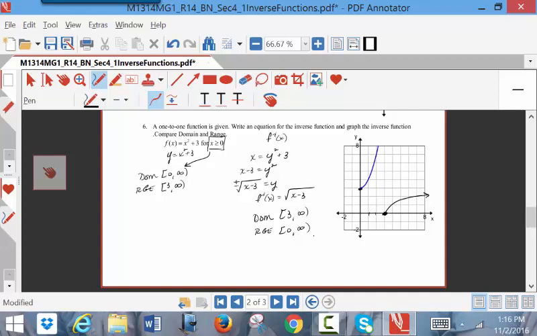Now here's a neat connection. To find the equation, we flip the x and y. And that causes the range of the original to equal the domain of the inverse, and the domain of the original to equal the range of the inverse. So their x and y values flip, and their domains and ranges flip.